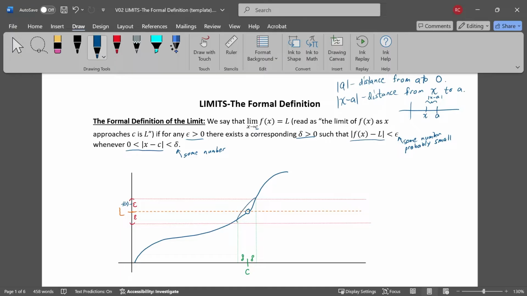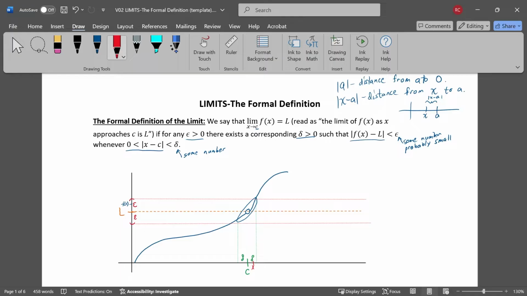So somewhere in this part of the function. Let me switch that to cursor so it's a little easier to see. So somewhere in here, any f of x value lands in here on the curve. And so what that means is that the x values that correspond to those f of x values are also landing here between delta, between these distances of delta away from c.